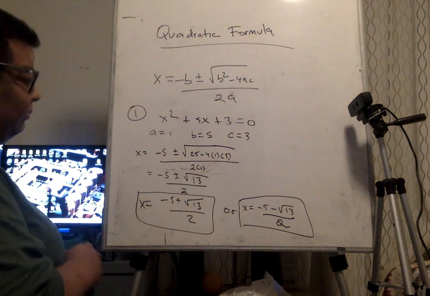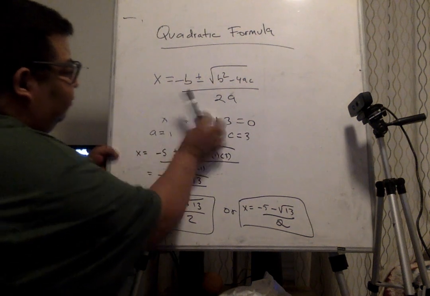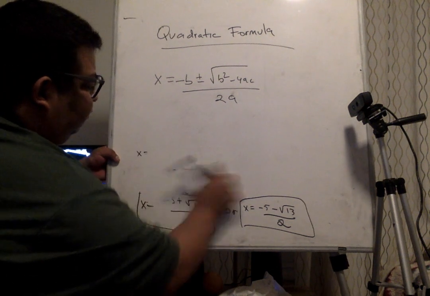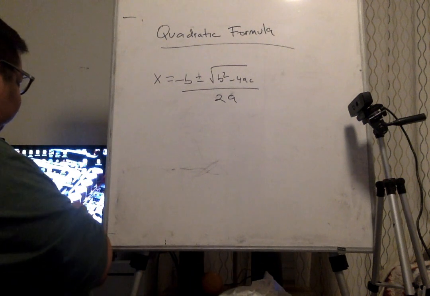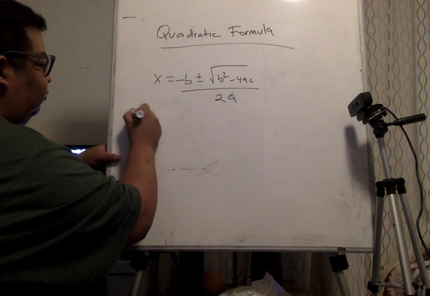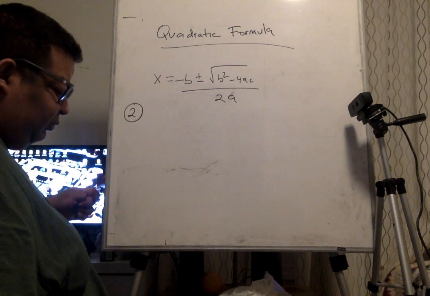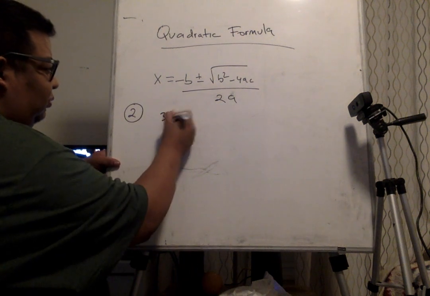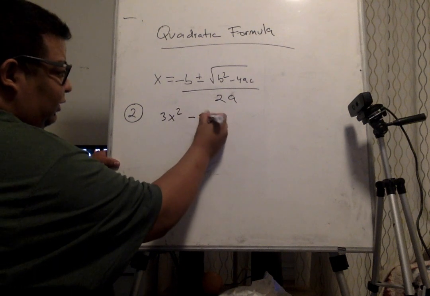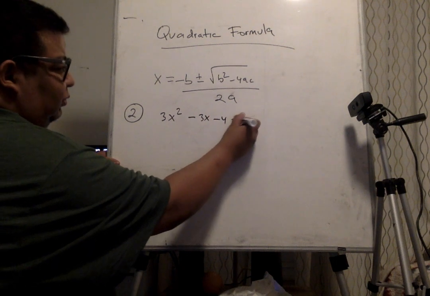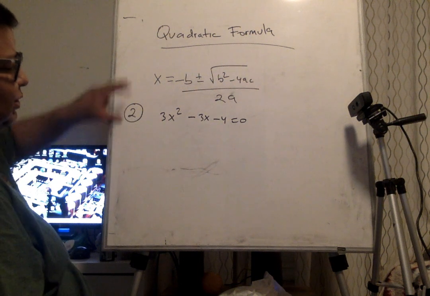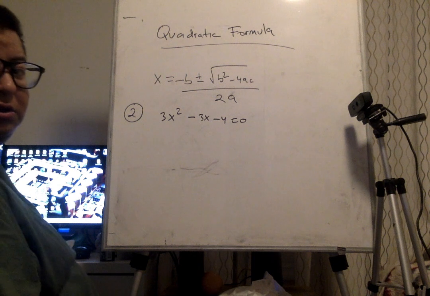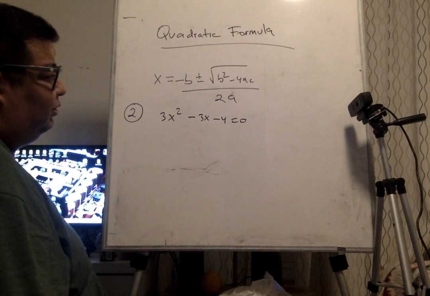Let's look at example number 2. Example number 2 says 3x squared minus 3x minus 4 equals 0. Notice here the coefficient a is not 1, it's 3. So this is a good method to use to solve this equation.